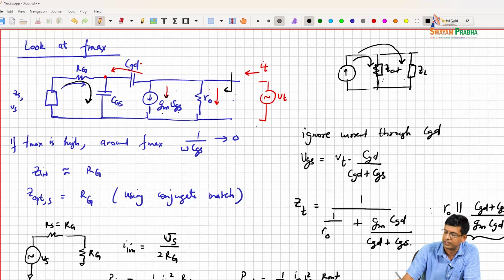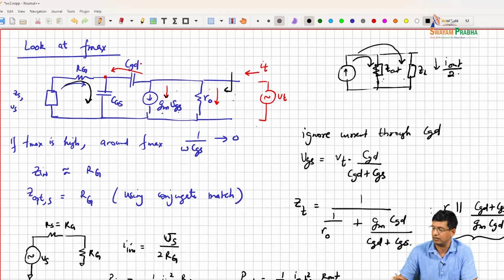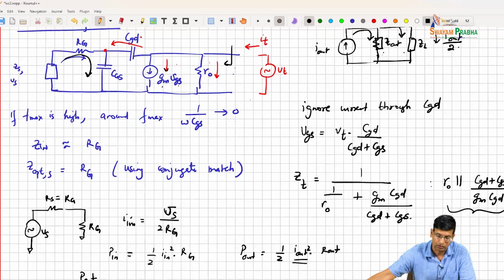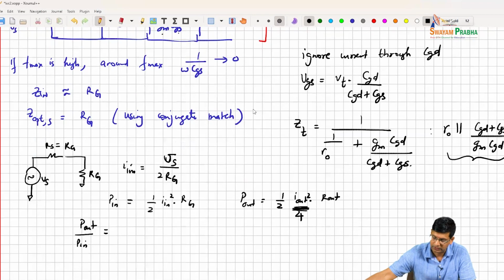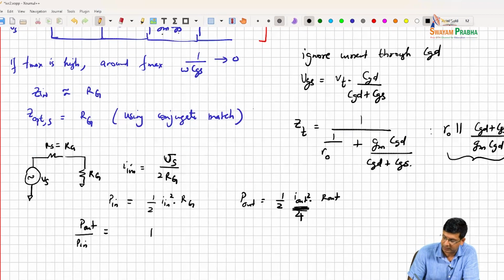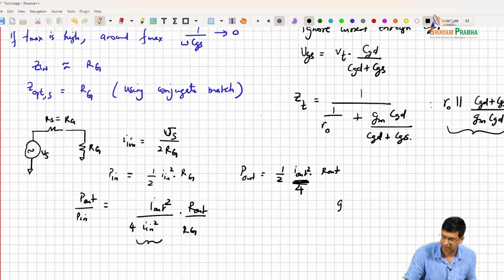But when I do conjugate matching and the real parts of these are the same, I am going to have I out divided by 2 going in here, right? So I should basically divide this I out squared by 4, right? Then I get my P out by P in as I out squared divided by 4 I in squared, times R out divided by Rg, right?